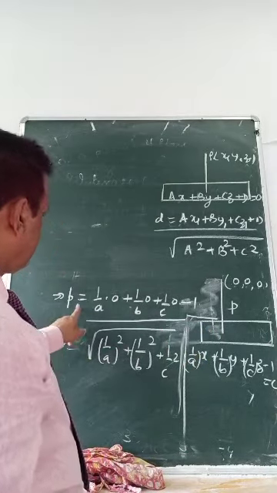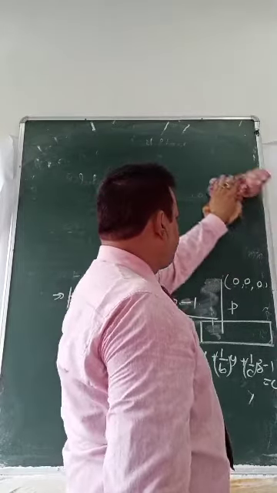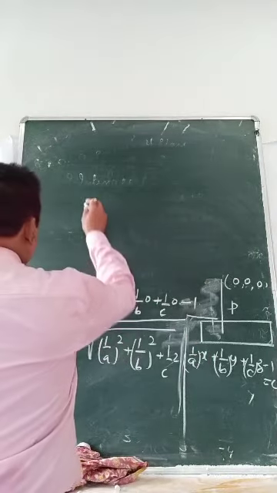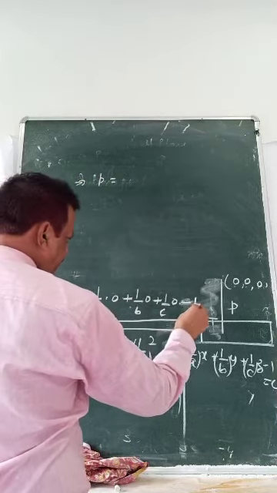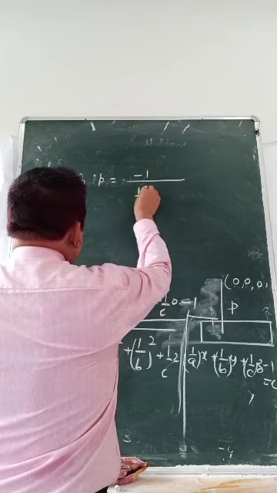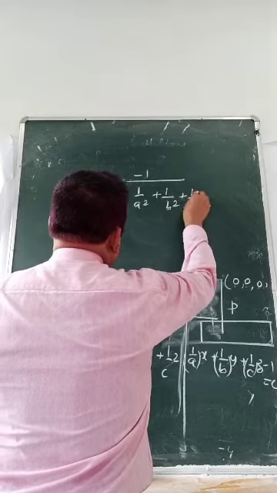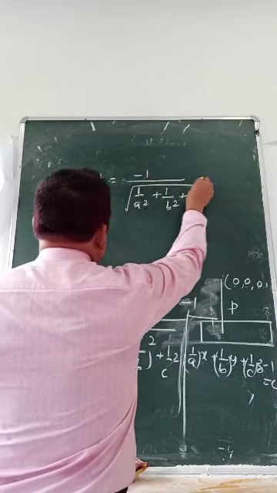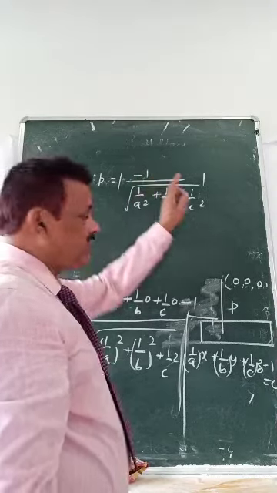Okay, you want to simplify. So the simplification will be: p has a modulus sign, so p equals minus 1 over root of 1/a square plus 1/b square plus 1/c square, with modulus. The modulus makes it positive.